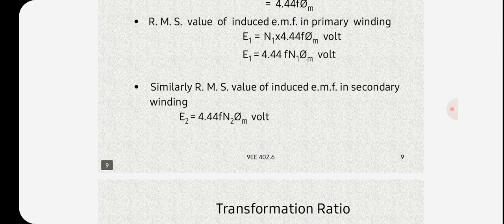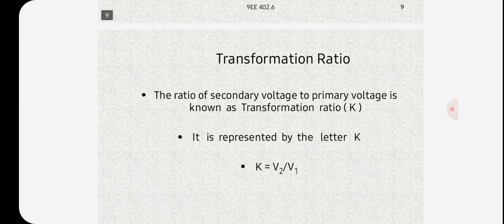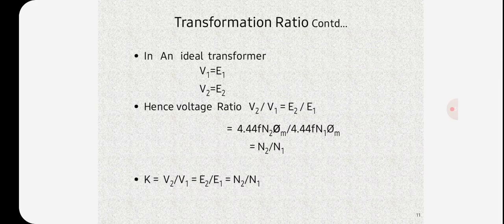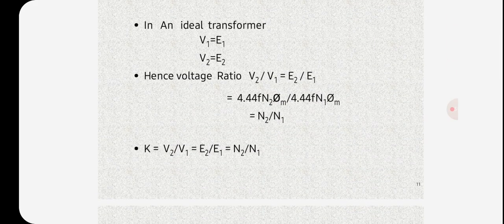So based on this, we can calculate the transformation ratio, that is K. The transformation ratio K is equal to V2 by V1, that is equal to E2 by E1, that is equal to N2 by N1.